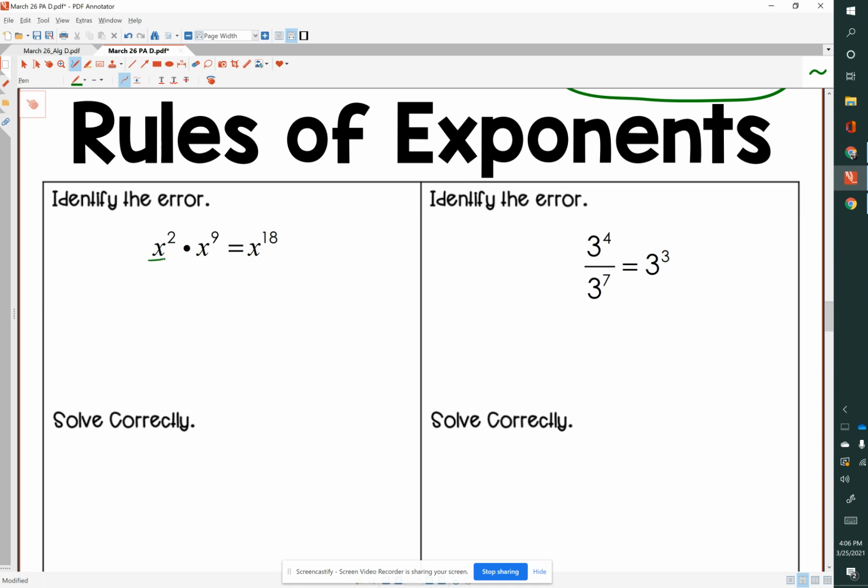We've got x to the 2nd power times x to the 9th power, and we're multiplying. When we multiply, we add exponents. Well, what did this person do? They multiplied the exponents. That's what you do with the power rule. So what they should have done, they should have added the exponents.